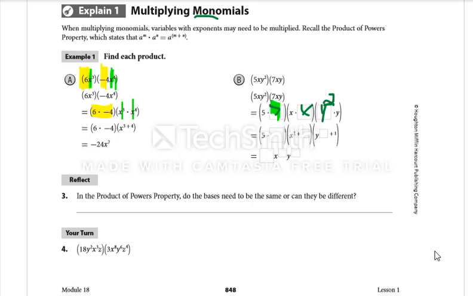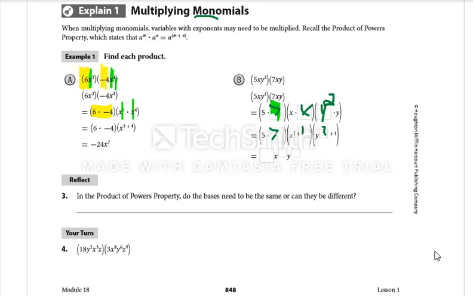All right, 5 times 7. All right, we have x to the first power times x to the first power. So that's x to the first 1 plus 1. And then we have y to the second power, and so that's a little 2 in there. So y to the second power times y to the first power, 2 plus 1.